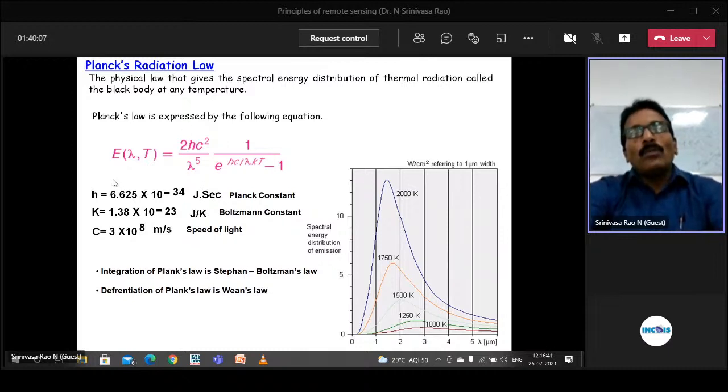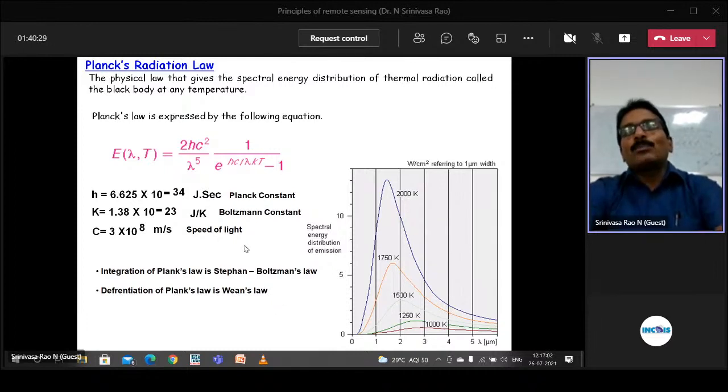So to simplify this equation, Stefan Boltzmann's law came. If we take the integration of Planck's law, we get Stefan Boltzmann's law, and if you take the differentiation of Planck's law, Wien's displacement law came into picture.